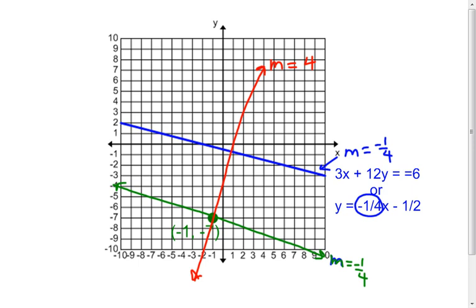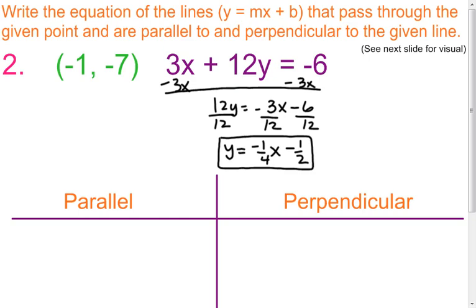Okay? So, going back here, again, the absolute only reason I use this is to get the slope out of it. I do not use the y-intercept, ever. I only need it to get the slope. Parallel lines will have the same slope, so I know it will also be negative 1/4. Perpendicular lines have slopes that are opposite reciprocal, so the opposite reciprocal to negative 1/4 is positive 4.